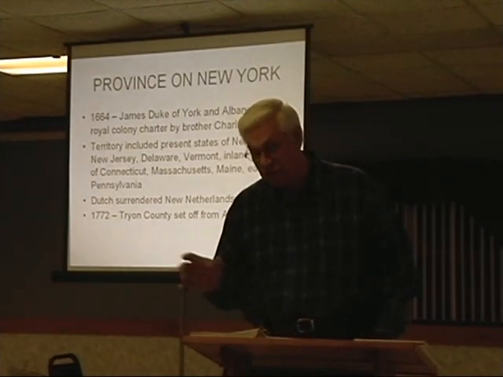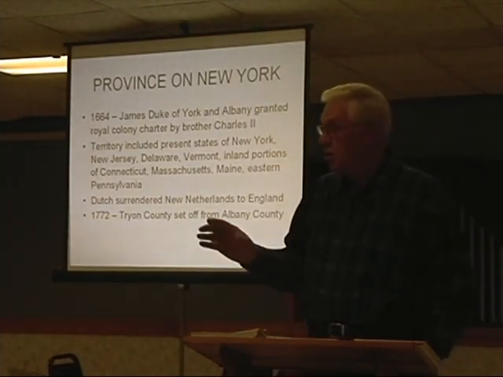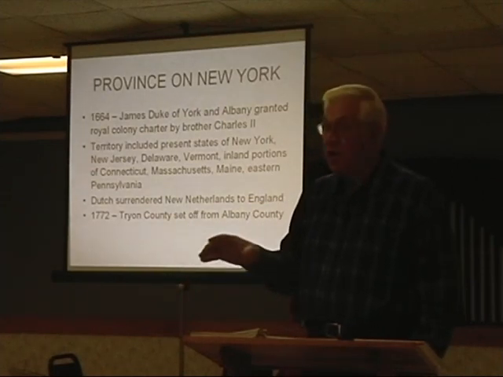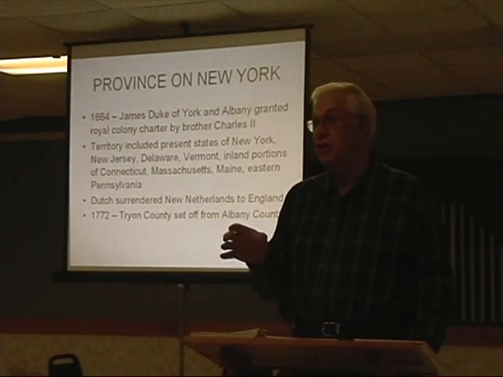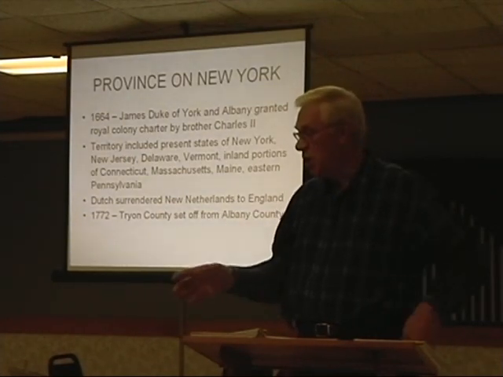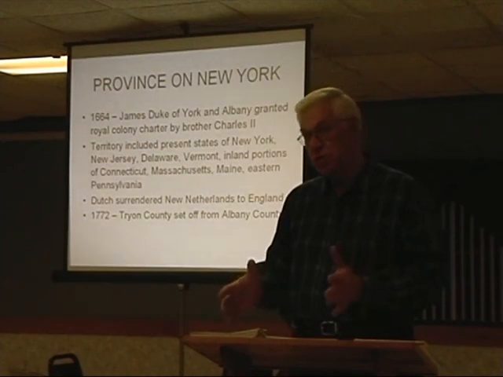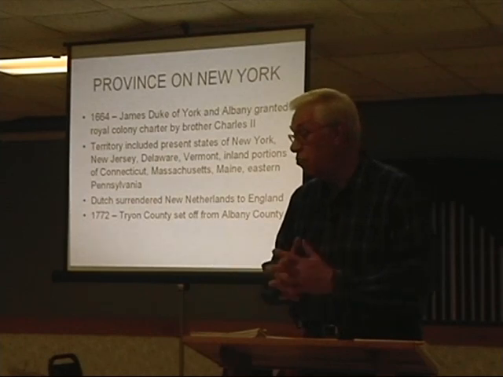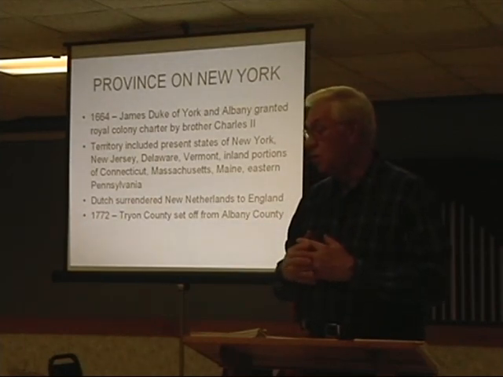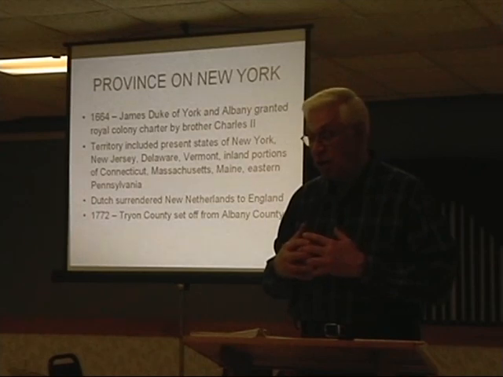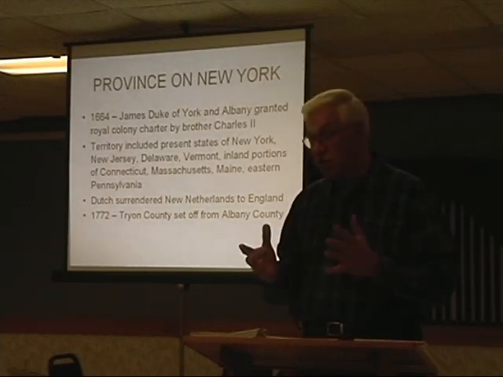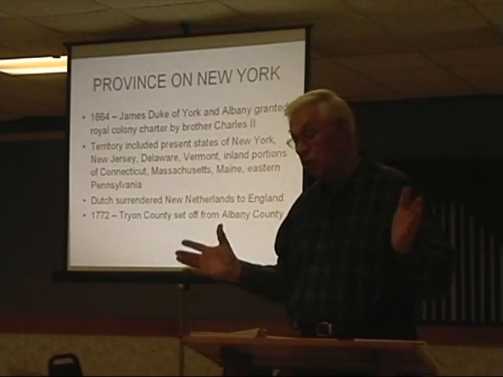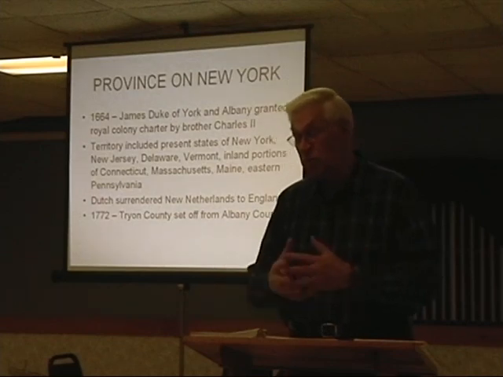In 1664, when the grant was given to James, Duke of York, he immediately brought a huge armada of warships, because at this time the Dutch not only were settled in the Hudson Valley, but also Long Island and the Manhattan area. They had lived there for some time, very decently, and liked their freedoms. But in 1664, the Duke of York decided he was going to claim the whole land for himself. He showed up with a bunch of warships.